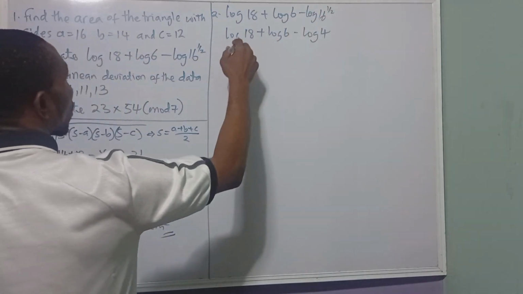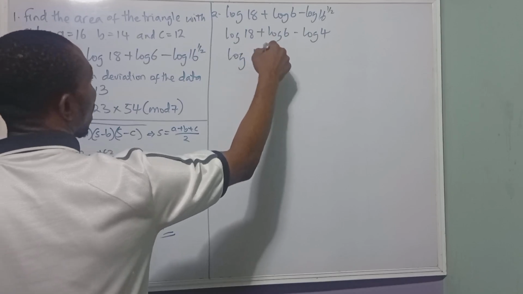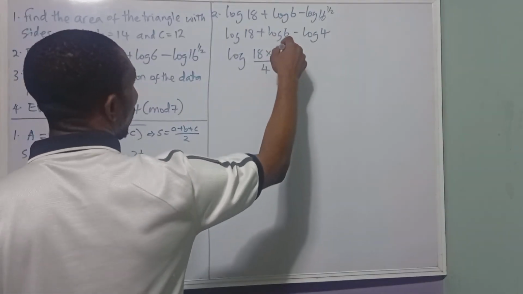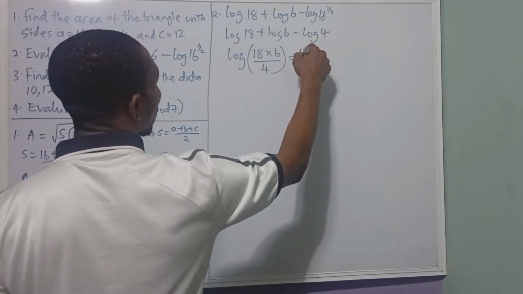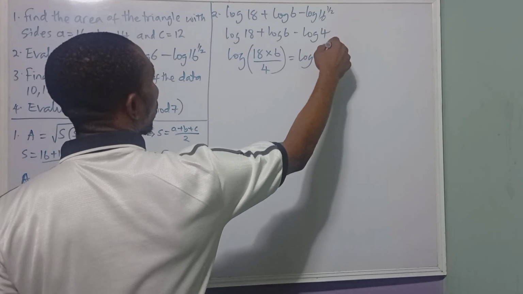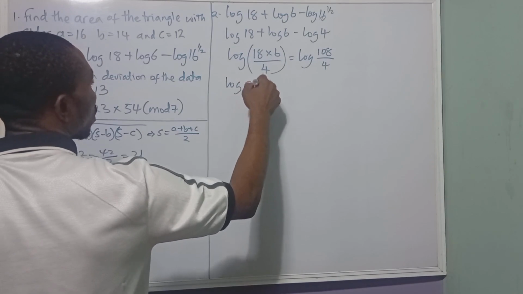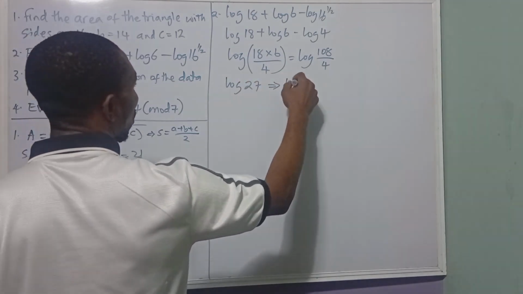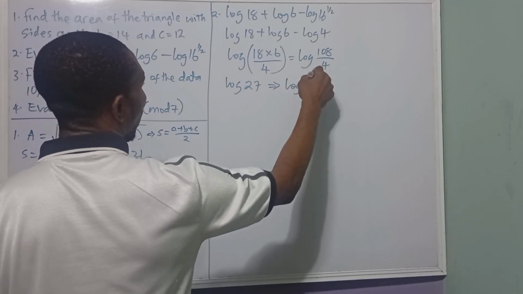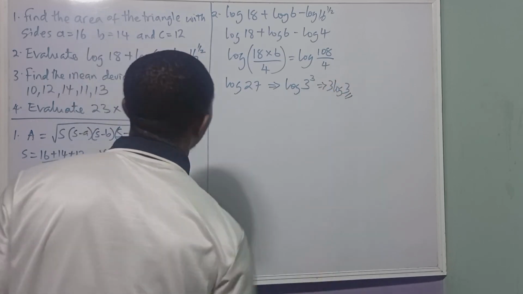So here, addition turns to multiplication: log 18 times 6 divided by 4. So log 18 times 6 gives us 108 divided by 4. So this gives us log 27, which we can rewrite as log 3 raised to the power 3, which will be 3 log 3 as our answer.